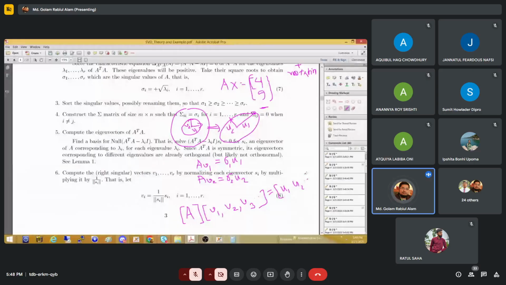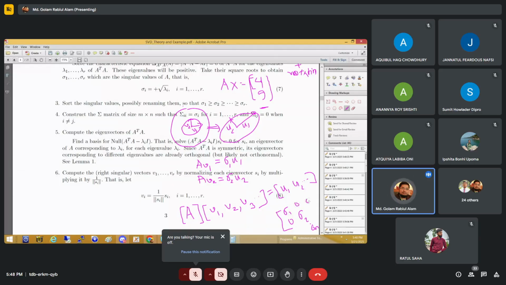Then for the sigma we can write a diagonal matrix like here. This is sigma 1 and this is sigma 2. In this way we have up to sigma n, and all other values are just 0.